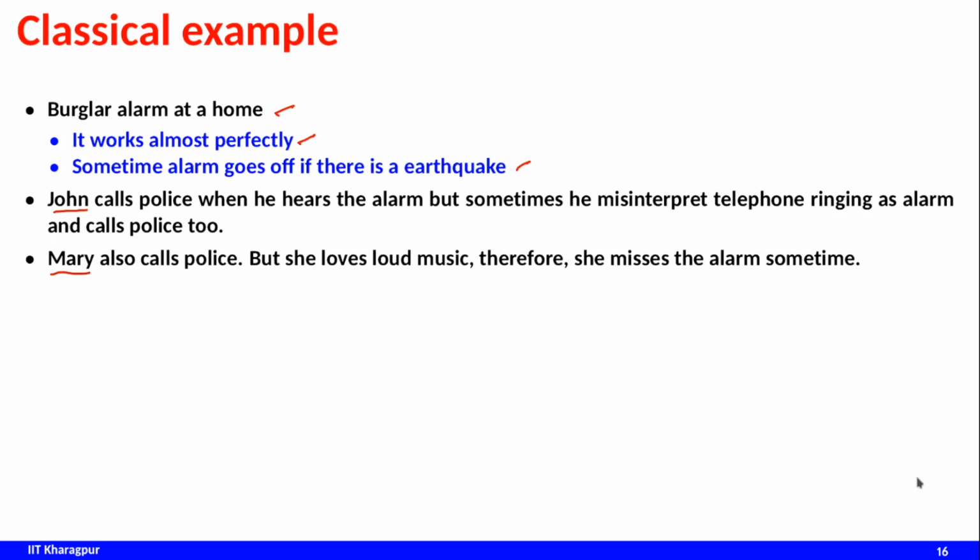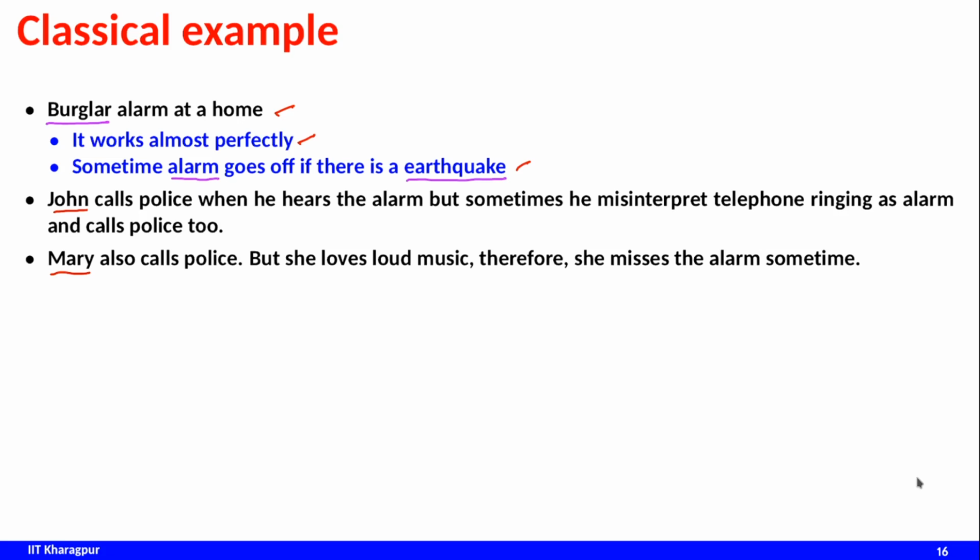The variables here are, there can be a burglary. If burglary happens, then my alarm can actually go off. So alarm is another variable, but this alarm can be triggered by earthquake also. So earthquake can be another variable that influences the alarm.